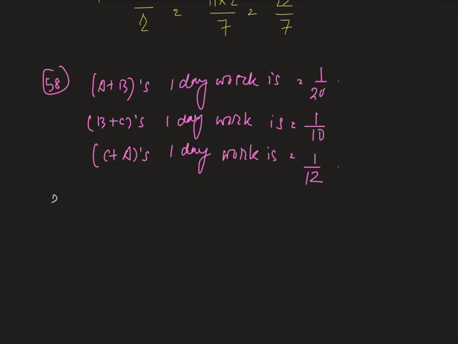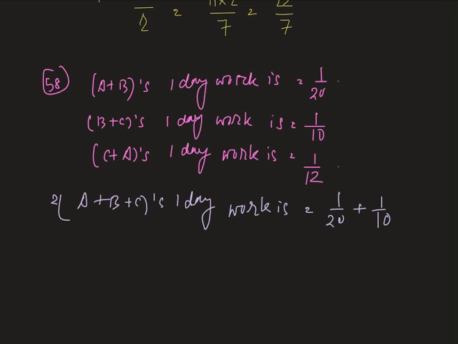Therefore, we can say that 2 into A plus B plus C's one day work is nothing but the sum of 1 by 20, 1 by 10 and 1 by 12. So after summing up we get 6 plus 3 plus 6 plus 5 divided by 60 is equal to 14 divided by 60, or we get 7 by 30.